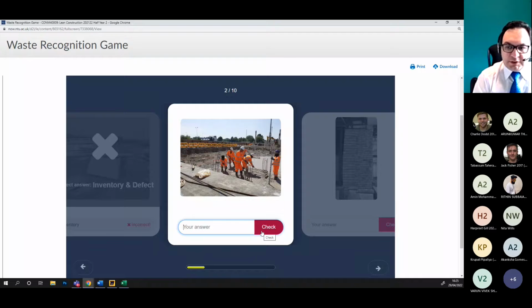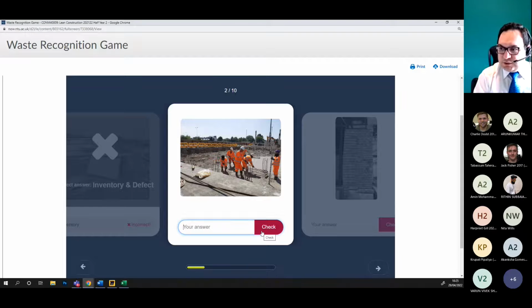In that previous photo we could see some parts that are stored incorrectly, improperly on site. When you incorporate these things into the building, then you can see the defects. So defects is also correct. Inventory correct, defect correct.